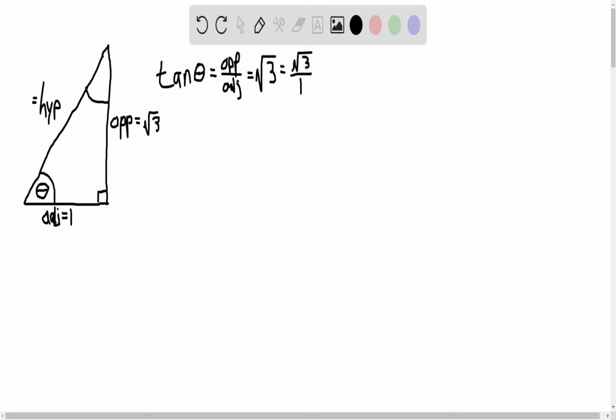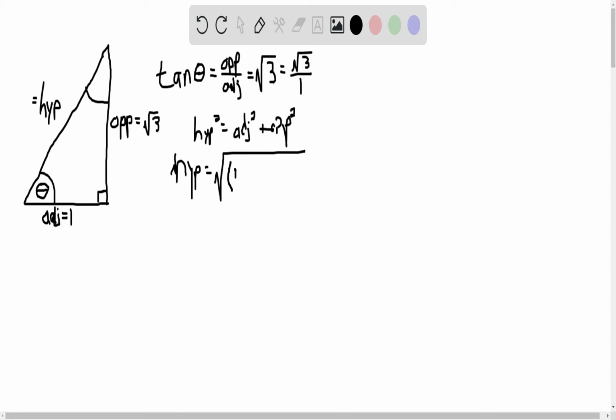With this information, we can use the Pythagorean theorem to calculate the length of the hypotenuse, because we're going to need that to define the other trigonometric ratios. So the Pythagorean theorem is the hypotenuse squared equals the sum of the squares of the other two sides in the triangle. Adjacent squared plus opposite squared. Now we'll solve for the hypotenuse.